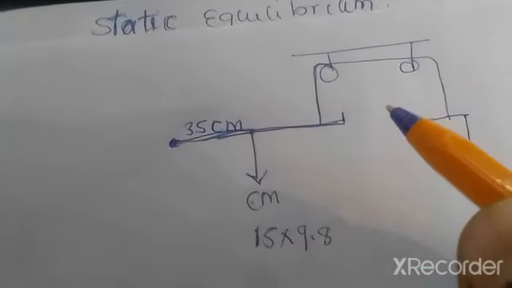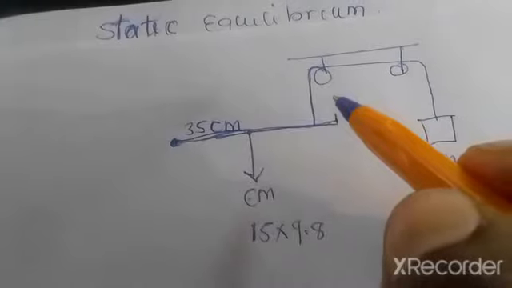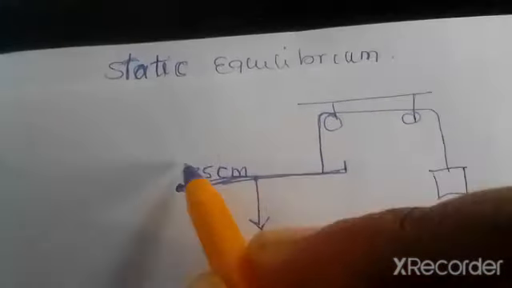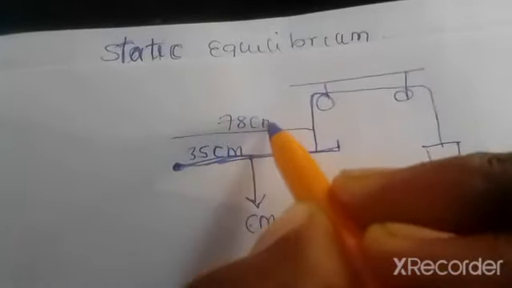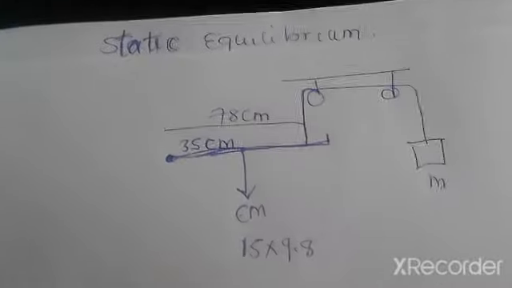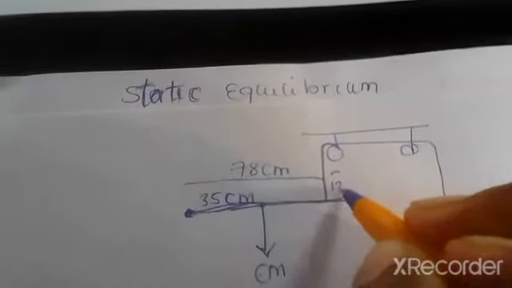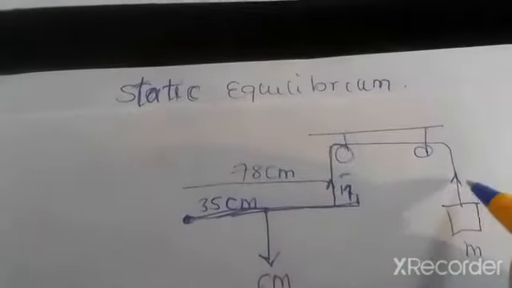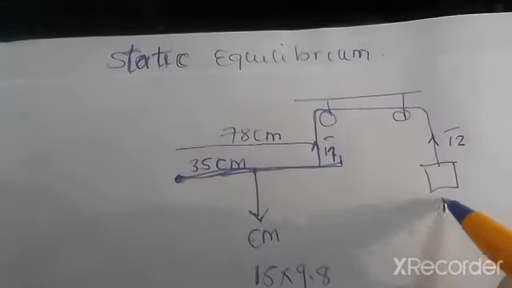From the hip joint, the cord holding the string is 78 centimeters. Let this be T1, and this upward force be T2. We are supposed to find the value of M.